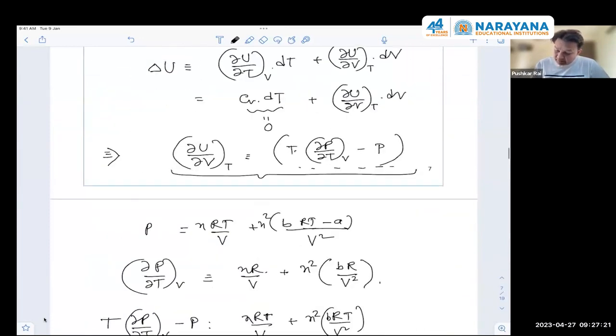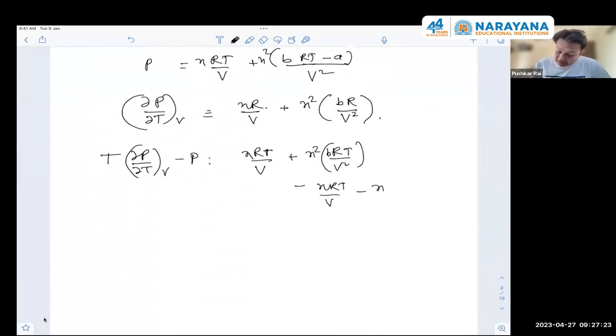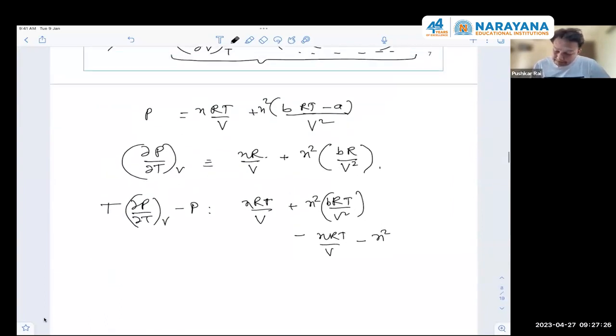Positive, all right. Minus n square bRT minus a by V square. So we can see that this term is also going to cancel. This term is also going to cancel.